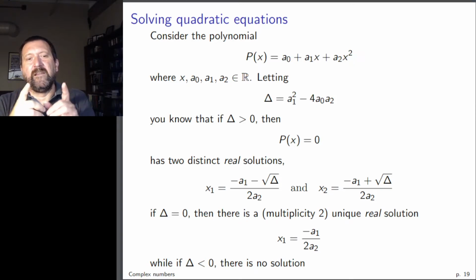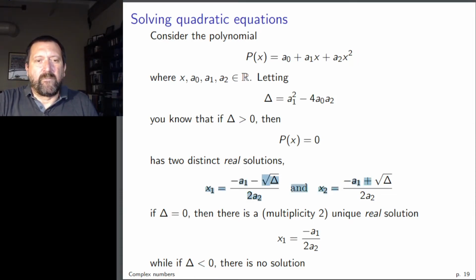And if delta equals 0, then there is a real solution that has multiplicity 2. If you take the equation above, you can see that if delta is 0, both x1 and x2 are equal. What that means is, in that case, we have a unique real solution.